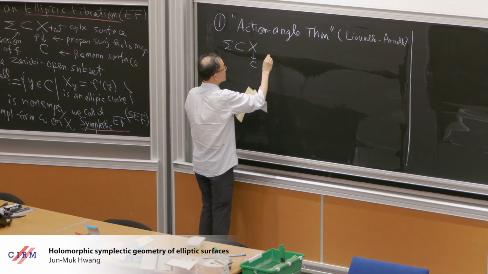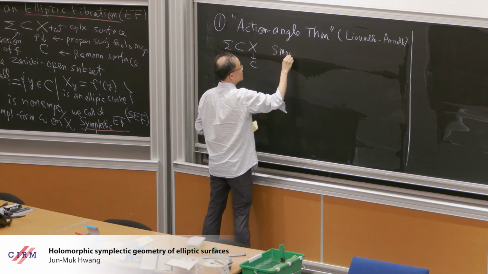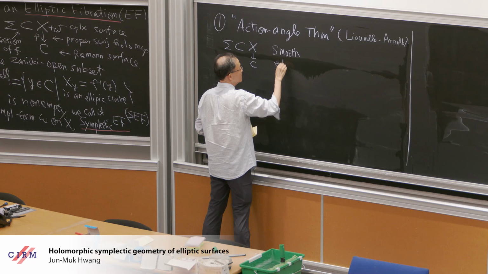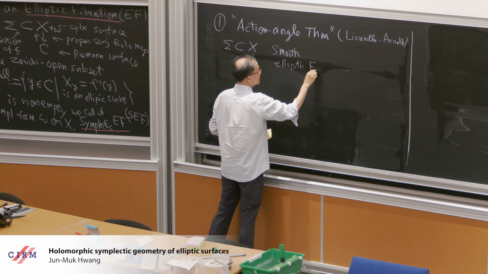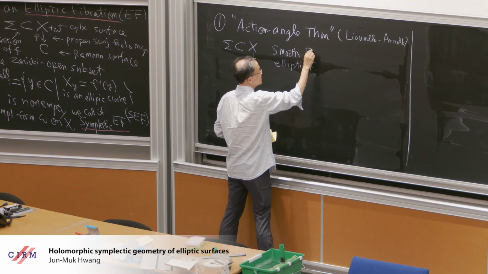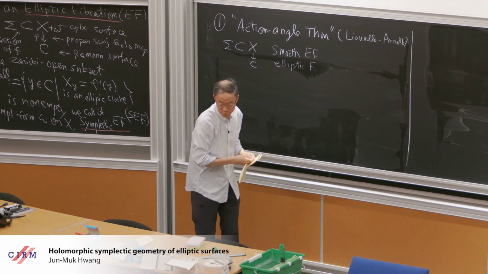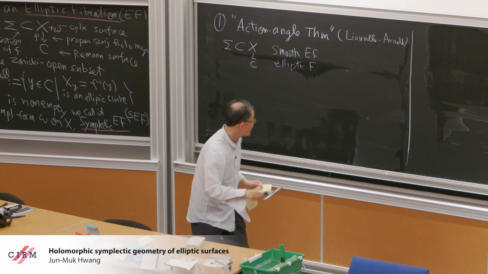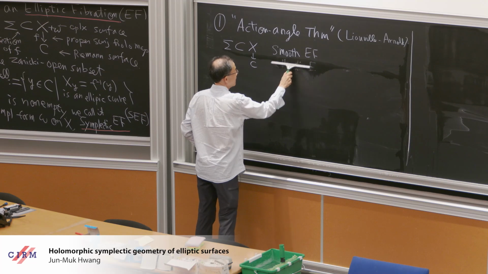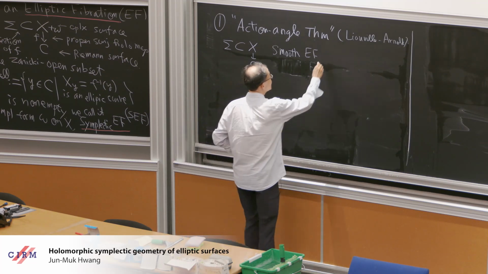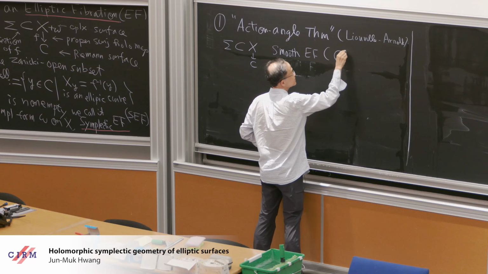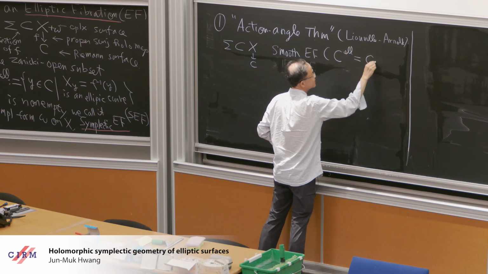It's something like this. So suppose you have an elliptic fibration, but this is now a smooth elliptic fibration. So you have a smooth elliptic fibration. This means that all fibers are elliptic curves.